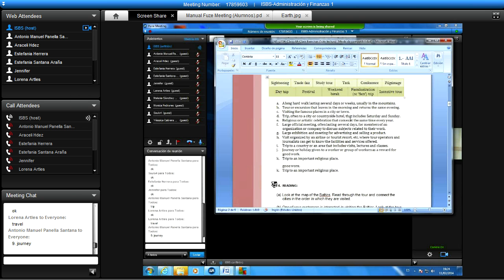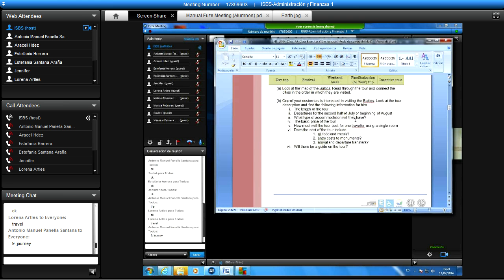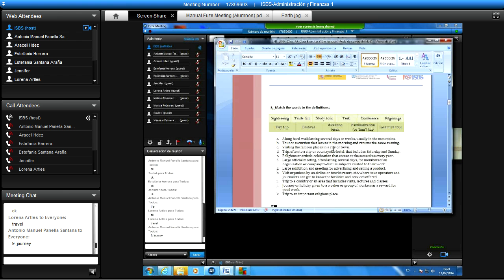So 3 is again trek, like trekking boots. Trekking, trek. Trek is like to walk in the mountain, in the countryside. So you have sightseeing, que es como de turismo, a trade fair, feria de comercio, a study tour, a trek, a conference, a pilgrimage.